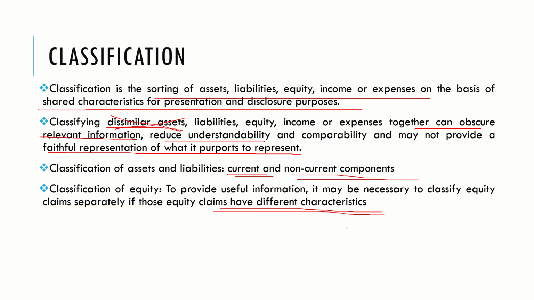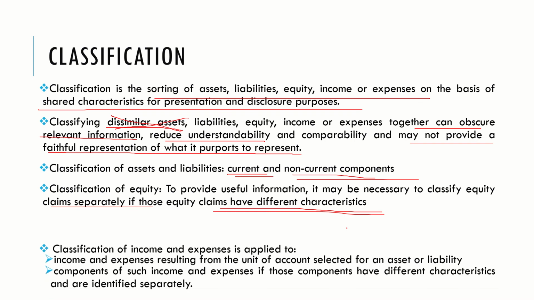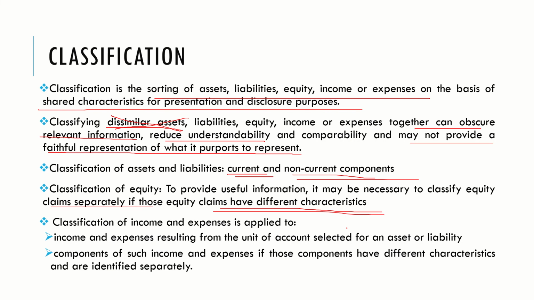Any question? Wala? Okay. Ay, nalimutan ko, mayroon pa pala income and expense. How do we classify them? So sabi dito, income and expense would result from the unit of account selected in assets and liabilities, and components of such income and expense have different characteristics and are identified separately.